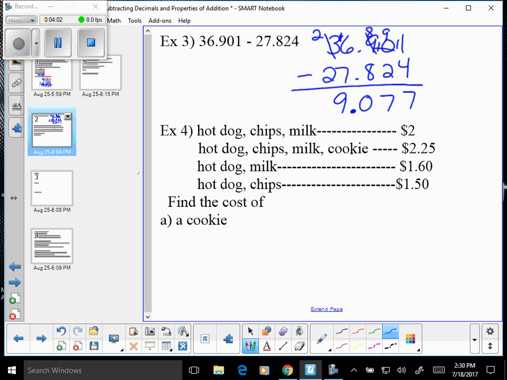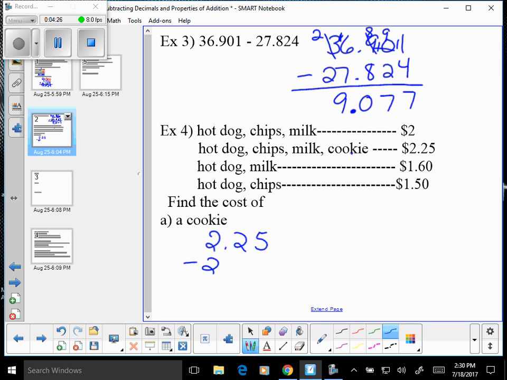If I look at this carefully, I can see that the only difference between item choice 1 of hot dog, chips, and milk and item choice 2, hot dog, chips, milk, cookie, is the cookie. So if I subtract those 2 choices, take my 2.25, remember that standard subtraction is to put the number with the greater value at the top.